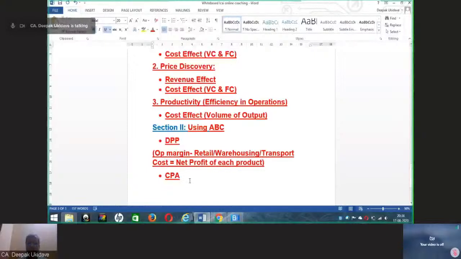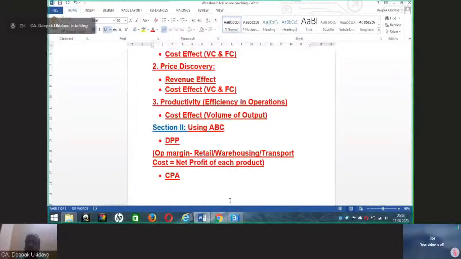Now we look at the second technique using ABC, and that is customer profitability analysis. This is again a new paradigm shift in profitability analysis. In a traditional, conservative way, management used to do profitability analysis only in terms of net profit. Now, how much value addition each customer is making to the organization's profitability, that is what is measured.